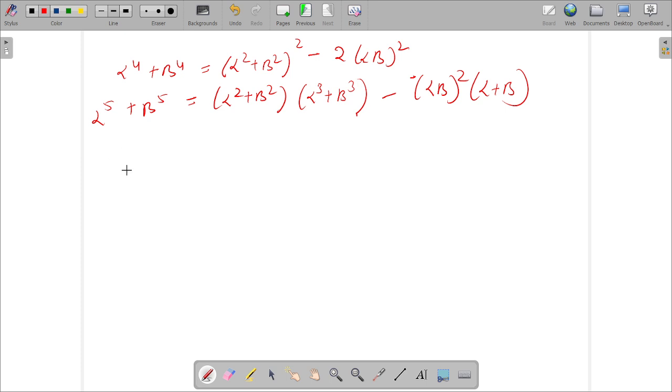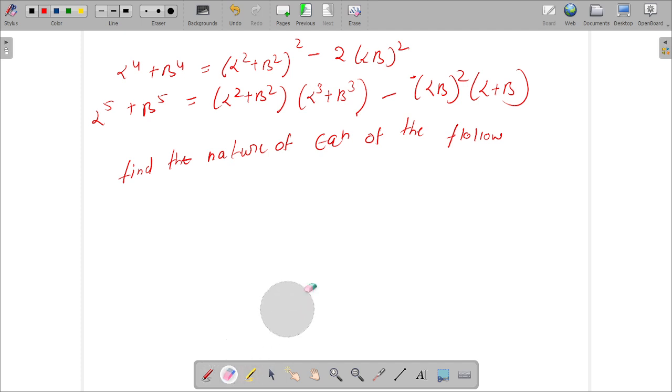For example, if they ask to find the nature of the roots of the following equation, by using the formula delta equals b square minus 4ac, you can find it very easily.